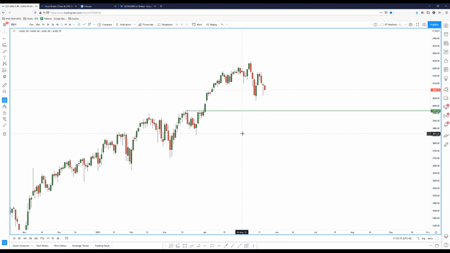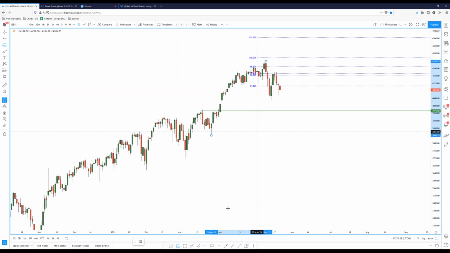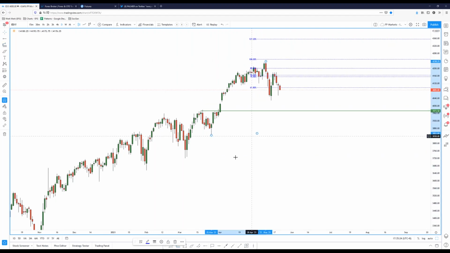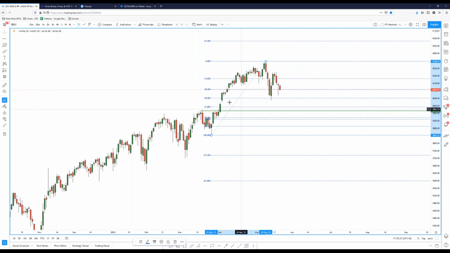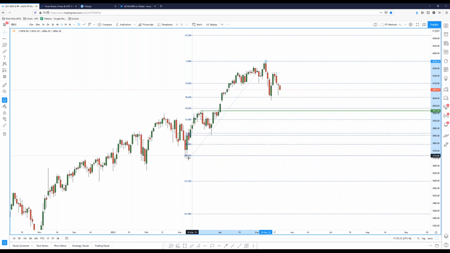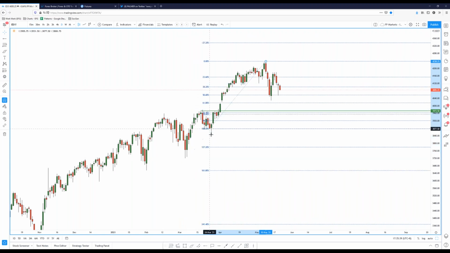So resistance turns support. Now we can also do a Fibonacci retracement of the last move from low to high. Give me a moment, I clicked the wrong tool. From low to high, we can see that it's pretty much in line with the 61.8 retracement. If I take it from here, it's in line with the 50%. So it's not an issue whether it's 50% or 61.8.